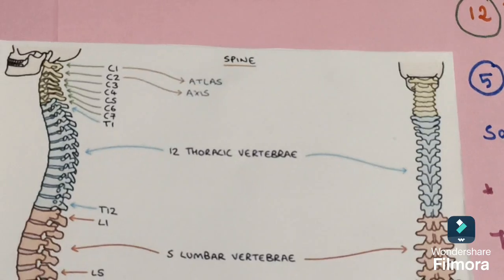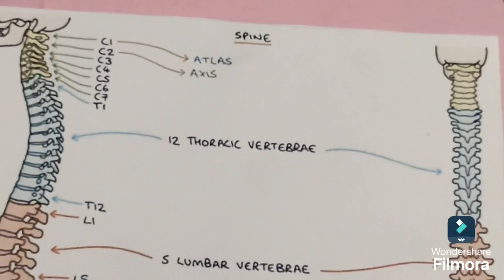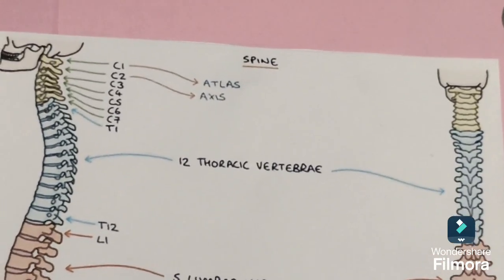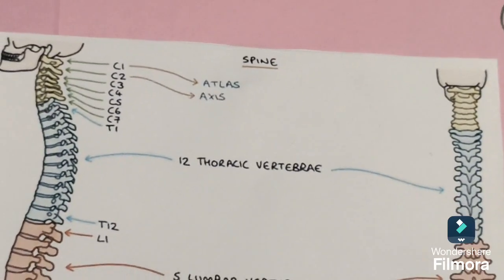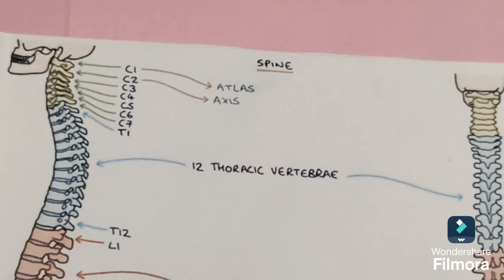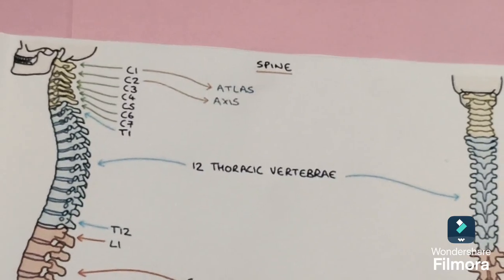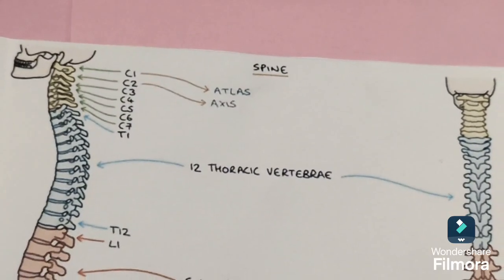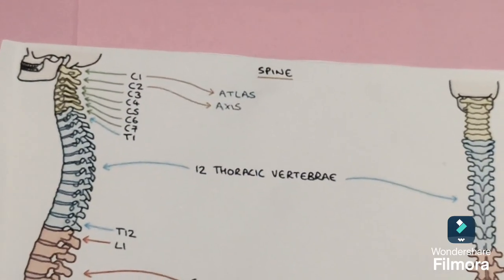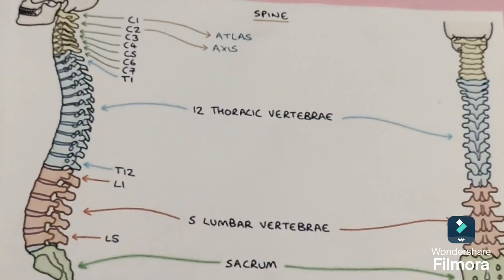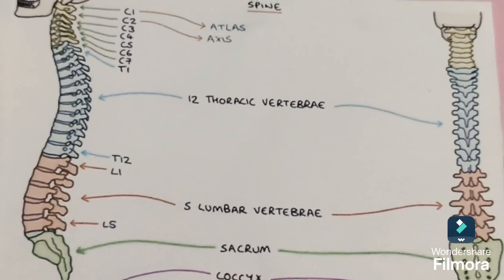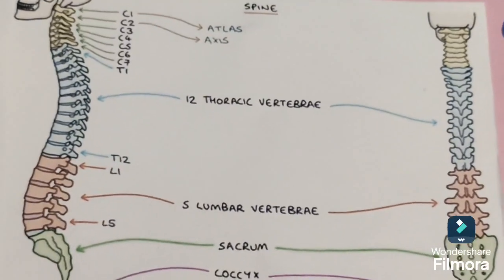C1 connects to the base of the skull. This is followed by C2, C3, C4, C5, C6, C7, which connects to the first thoracic vertebra called T1. Then T2 to T12, then L1 to L5.